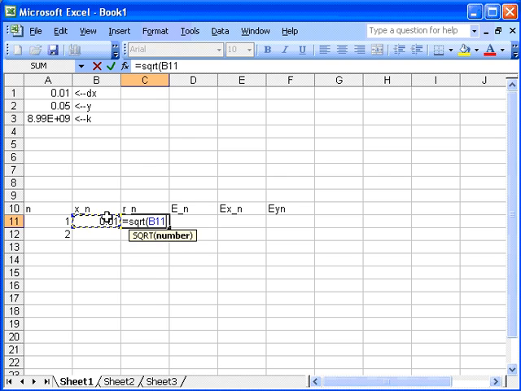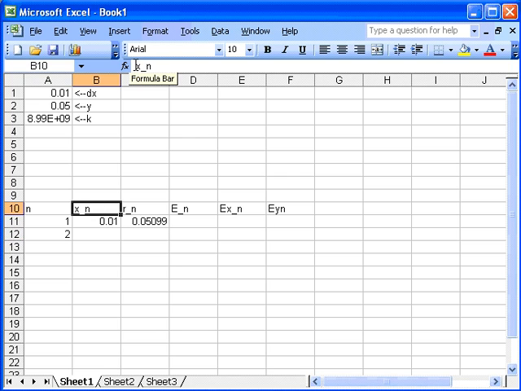Okay, then this is supposed to be equal to square root of the thing I got next to it, squared, plus the Y, which is, I'll call it $A, $2, squared. Close parentheses. And I think I got it right there. This was really supposed to be absolute value of X sub N, because these particles are all to the left of the origin.